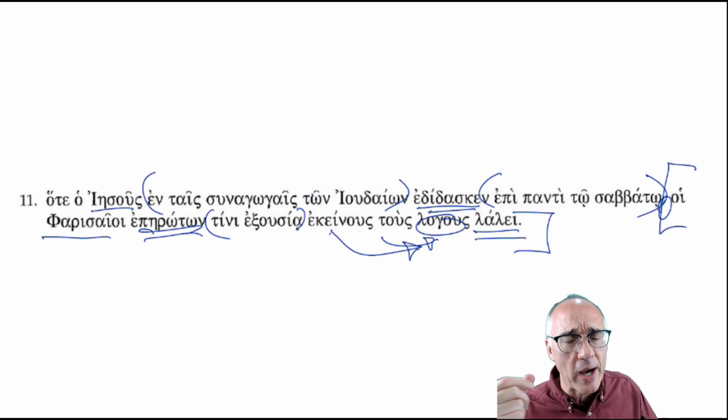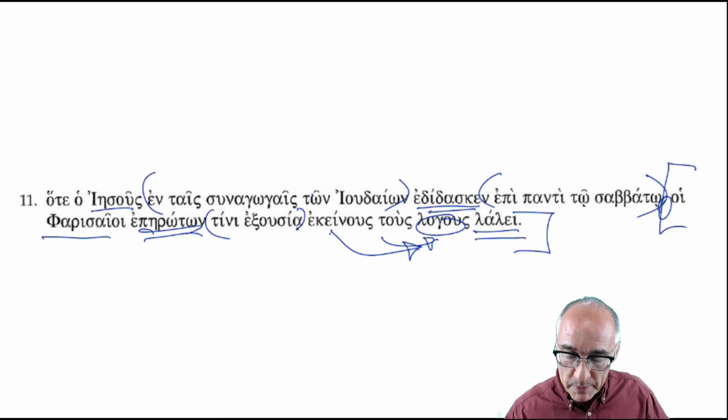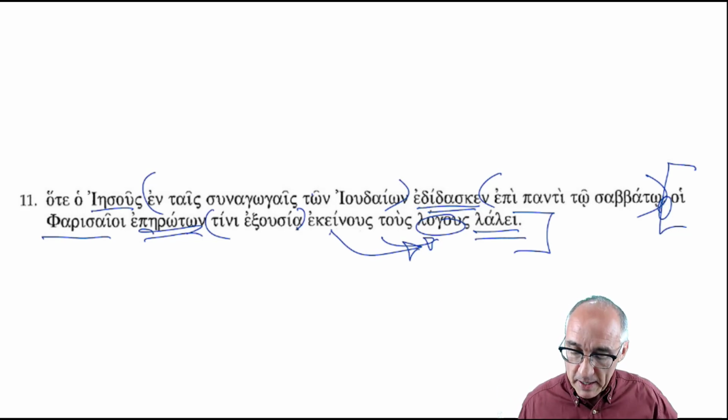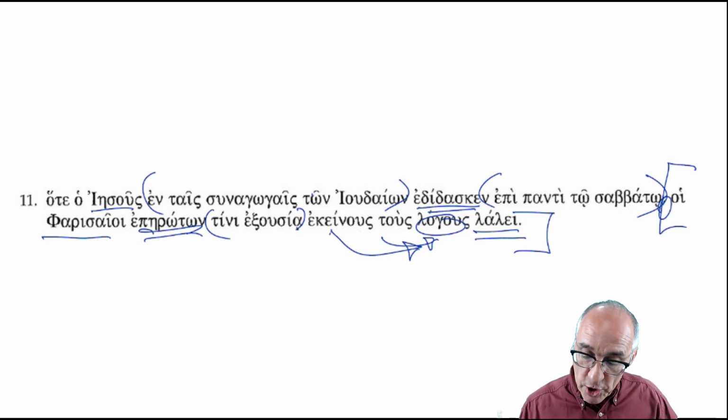Again, I'm trying to demonstrate that it's okay not to know what to do with these words right away. I'm trying to provide a format, a method for you to follow. So it's okay to not know what to do with it. Let's just take them a little bit at a time. Let's go back to the first part of the sentence. Jesus was teaching.